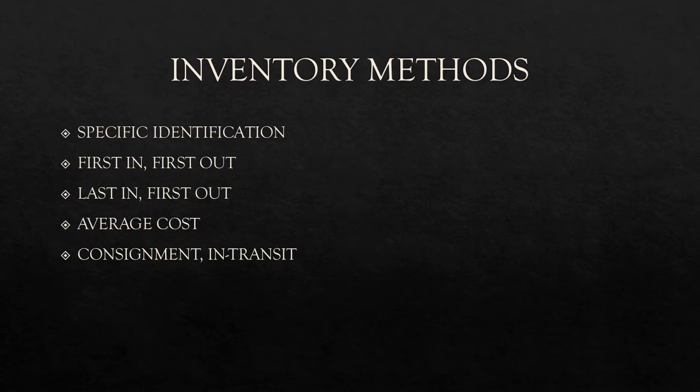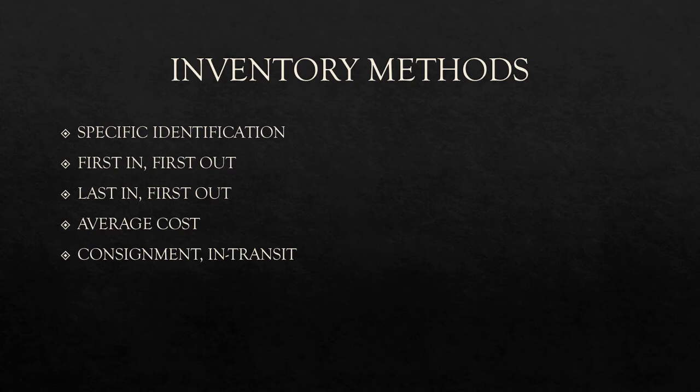So I can identify exactly which one came in and exactly which one went out the door. And so that's a fairly easy one to recognize. So if I buy a new car in at the dealership for $18,000 of a specific VIN, and I sell it for $22,000, then I have a sale of $22,000 and a cost of goods sold of $18,000.